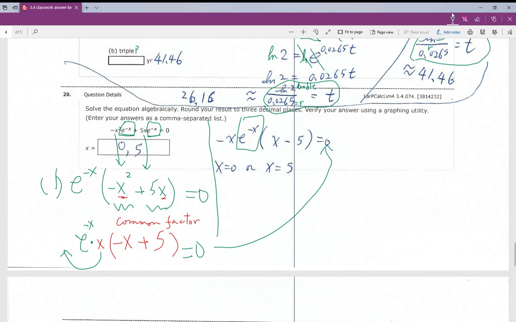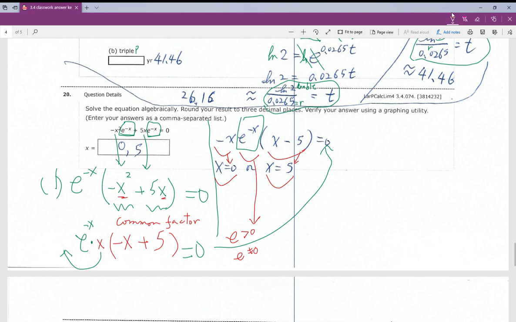And then how many factors do you have here? 1, 2, 3. 3 factors. So either this one equals 0 or this one equals 0. Then where does this one go? e is greater than 0, or we say e is not equal to 0.